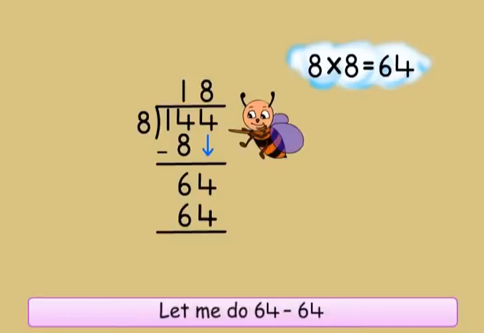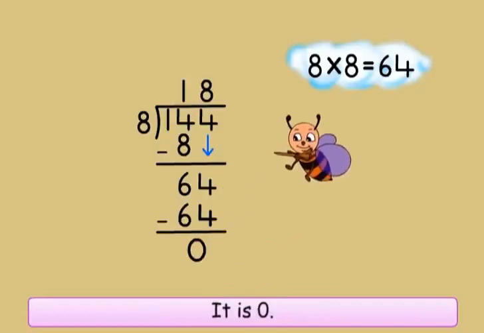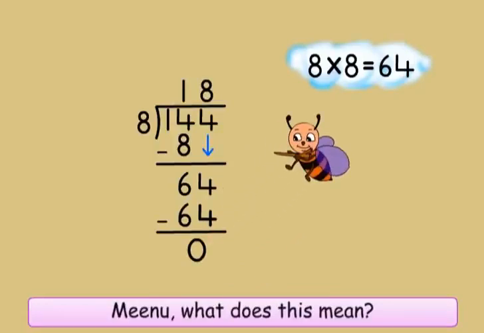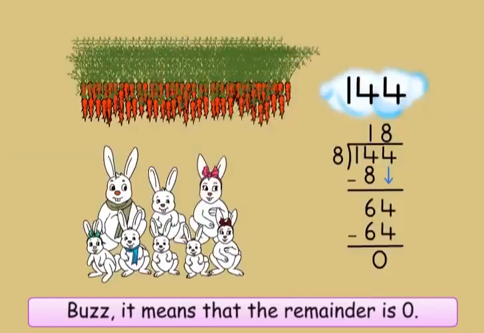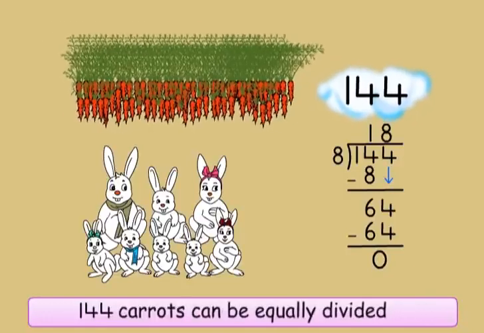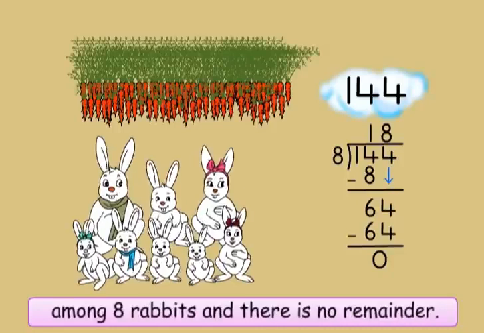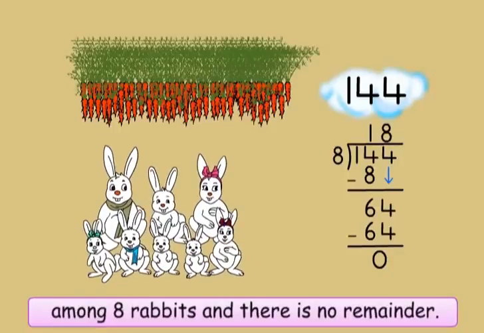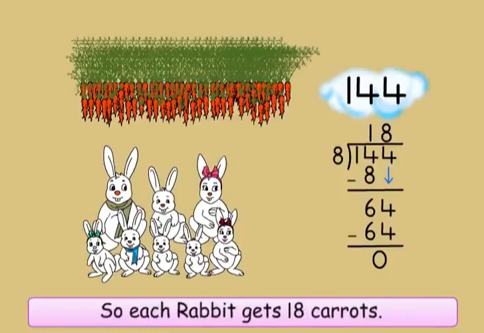Let me do 64 minus 64. It is 0. Meenu, what does this mean? Buzz, it means that the remainder is 0. 144 carrots can be equally divided among 8 rabbits and there is no remainder. The answer is 18. So each rabbit gets 18 carrots.